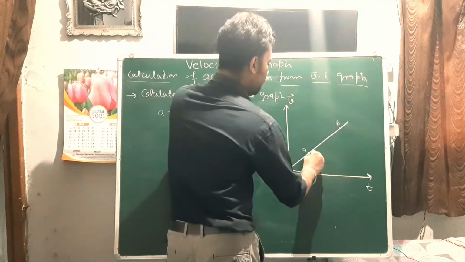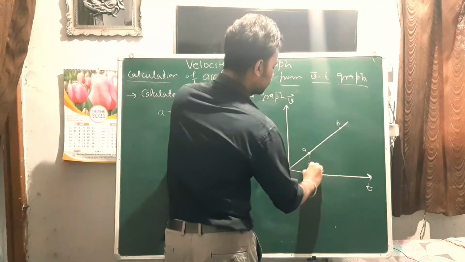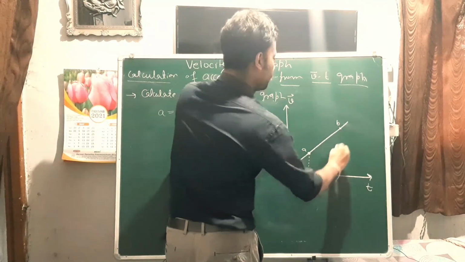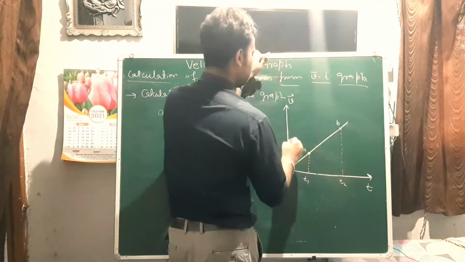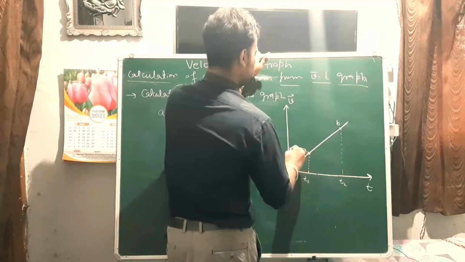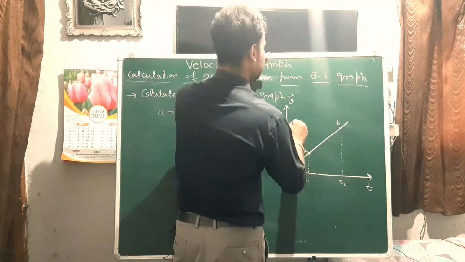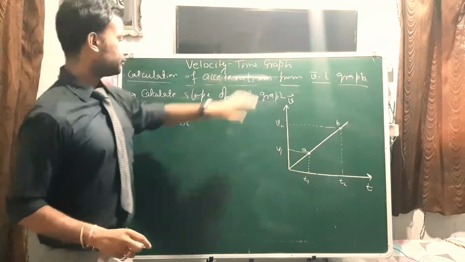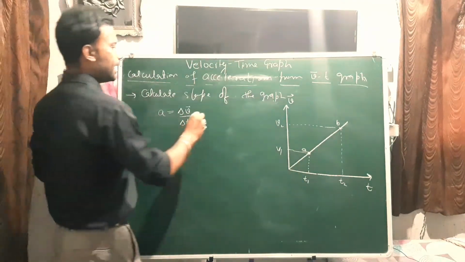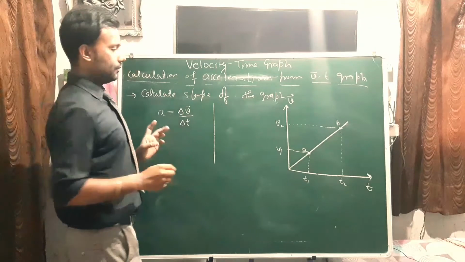So on the x-axis, this is T1 and this is T2, this is V1 and this is V2.